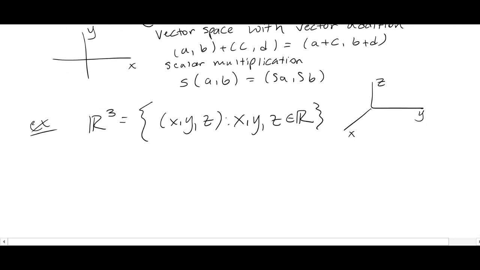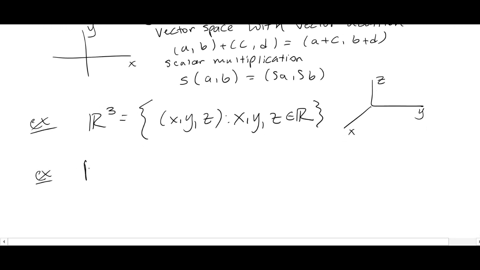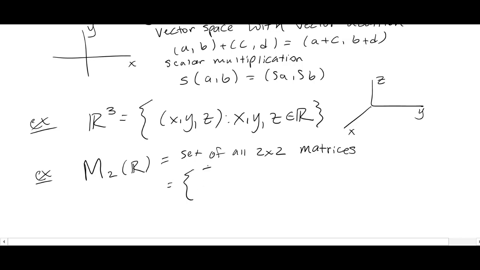Another example of a vector space is M2R, which is the set of all 2 by 2 matrices, which is this set A, B, C, D, where A, B, C, and D are real numbers.